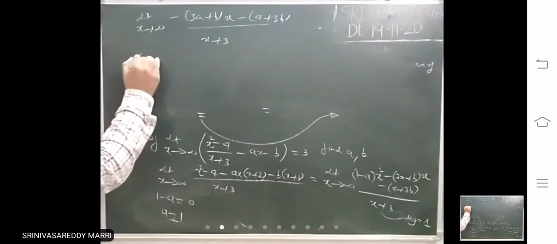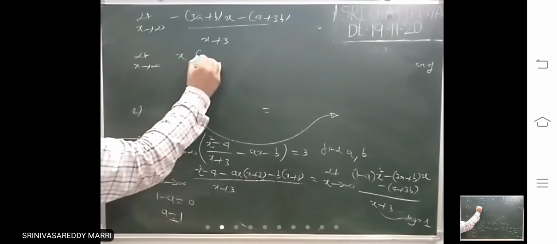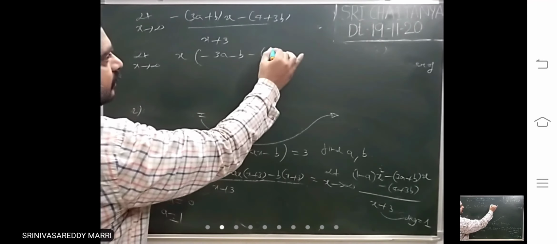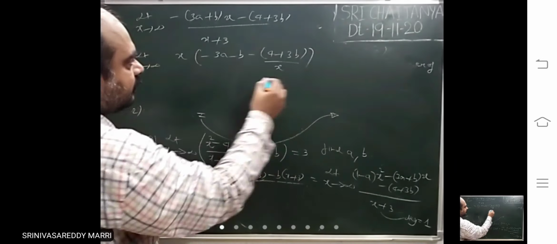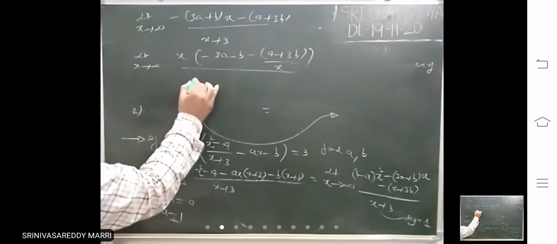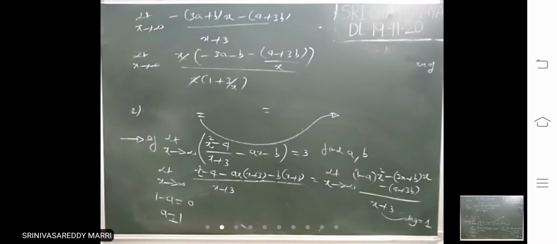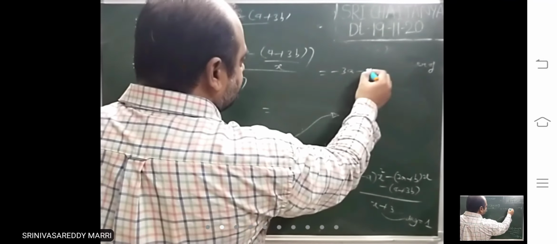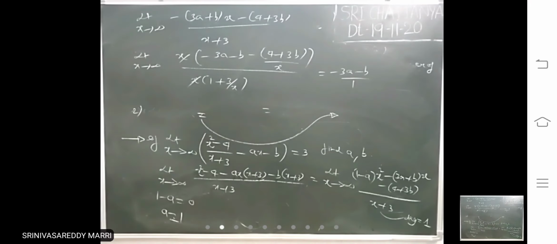Both are of the same degree. Take x common. So now what is the limit? This will become 0 divided by 1. That's what I am telling.